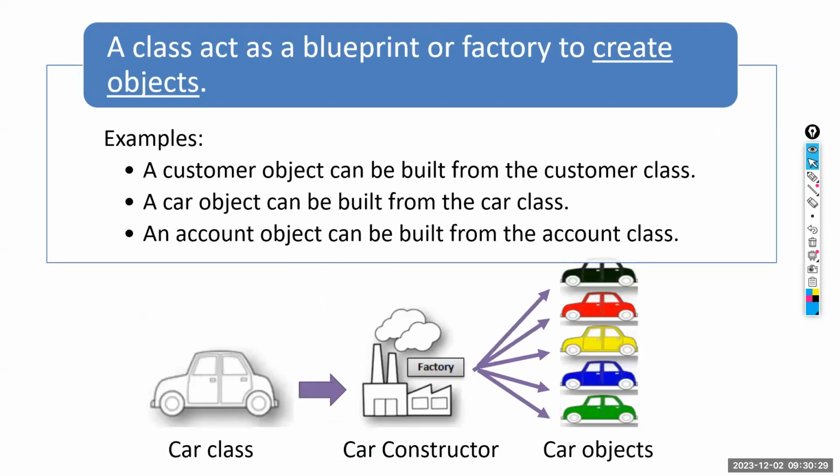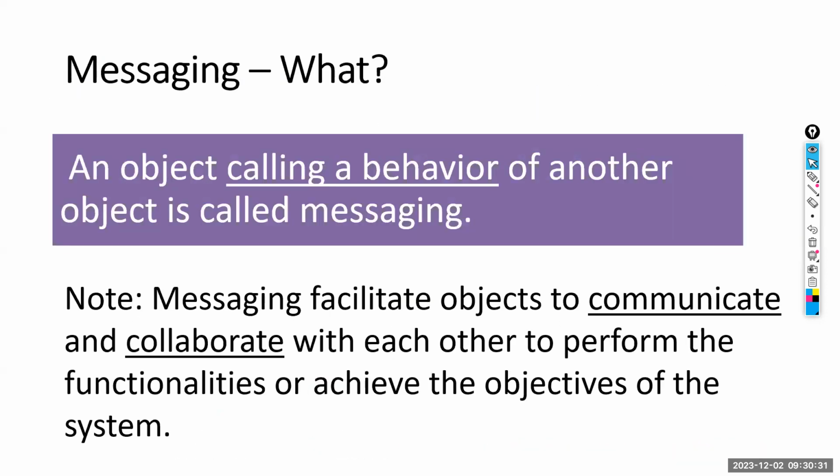Right. So we did that. And then messaging is one object calling behaviors of another object. So messaging is not one object accessing attributes of another object. Accessing the variables of another object is allowed in Java, though it is allowed, it is not the best practice.